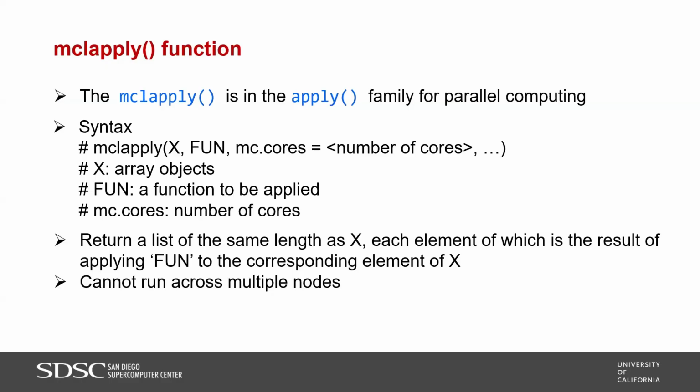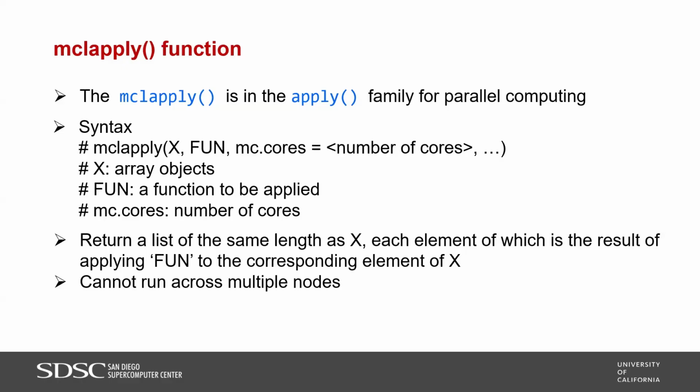The mcapply is in the apply functions for explicit parallel computing. The syntax is still similar to other apply functions. You just give the objects and a function to be applied, and you can specify the number of cores to use, so the mcapply can run in parallel.